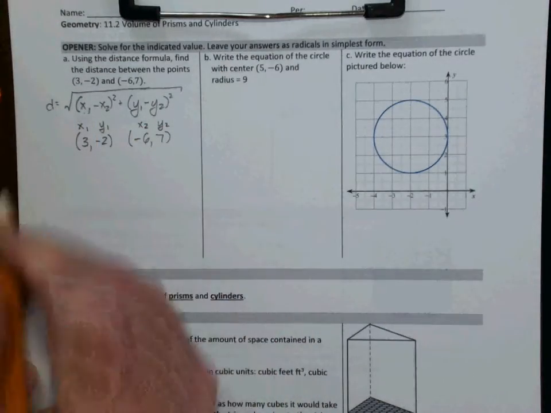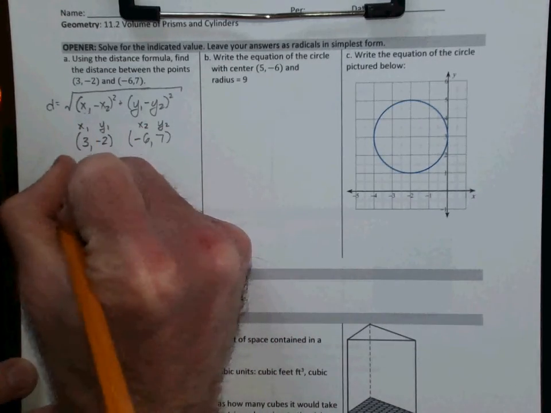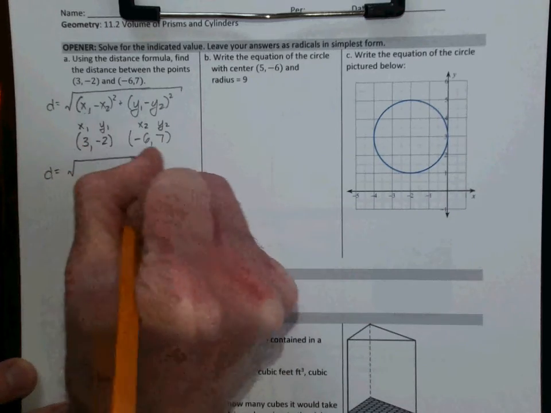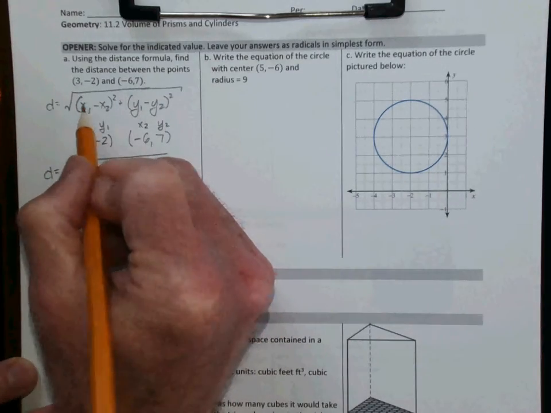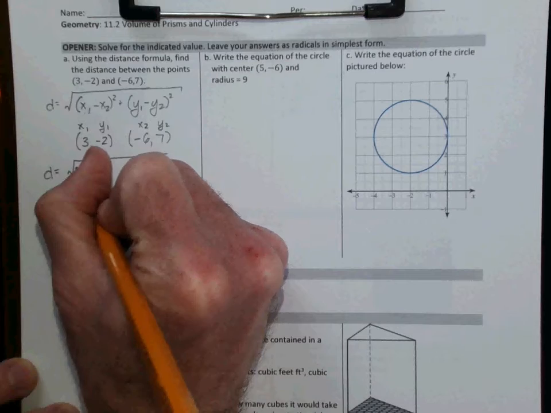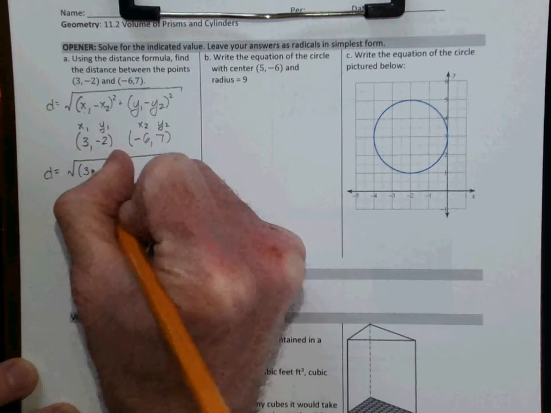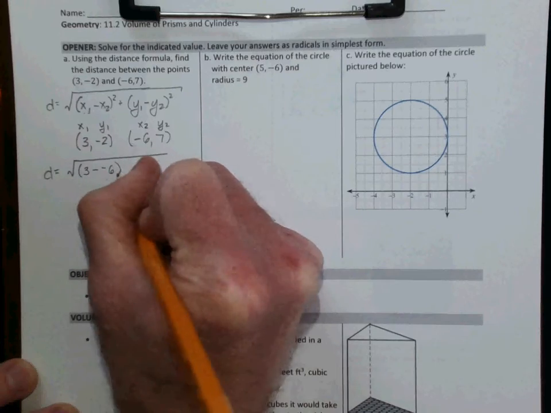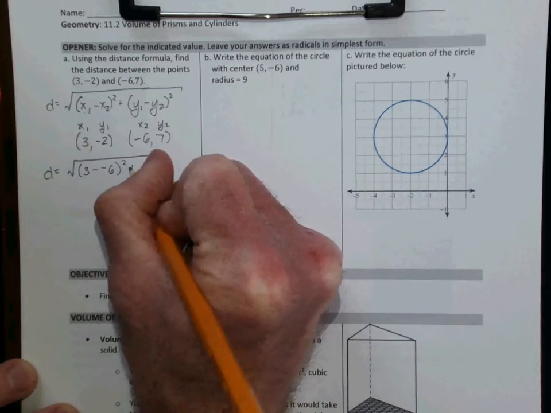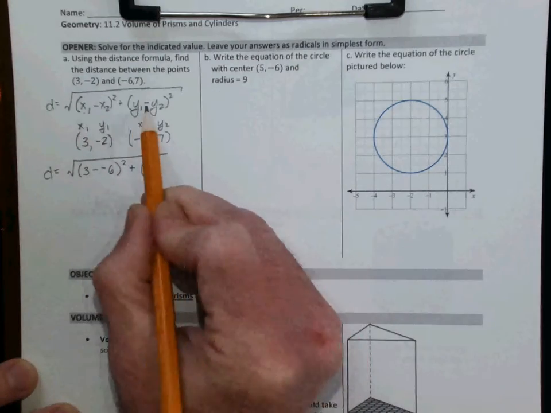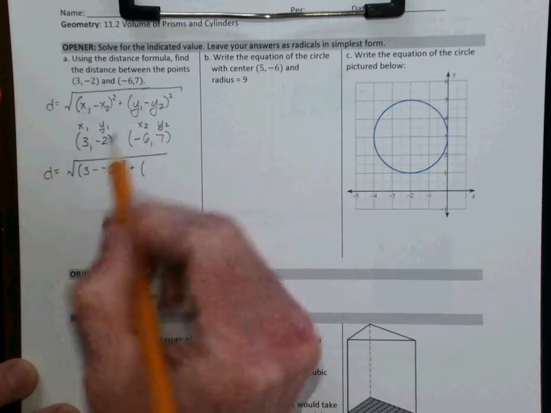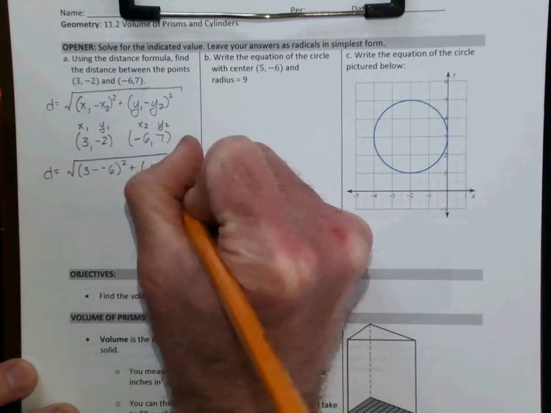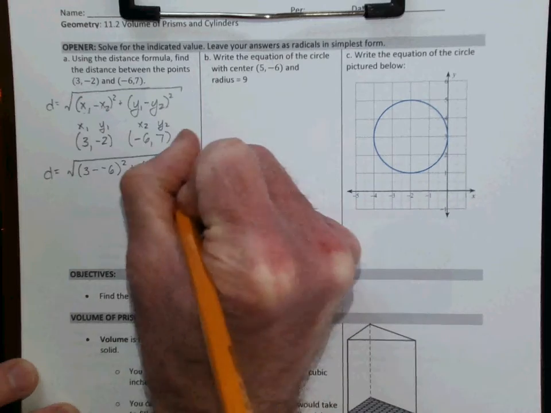So now I'm just going to plug in. Distance equals the square root of x1 minus x2, 3 minus a -6, quantity squared, plus y1 minus y2, -2 minus 7, quantity squared.